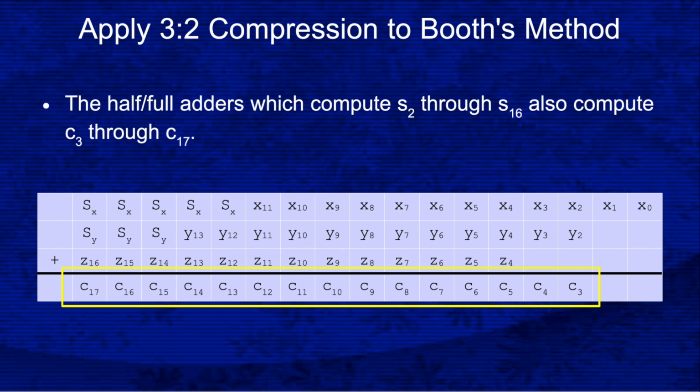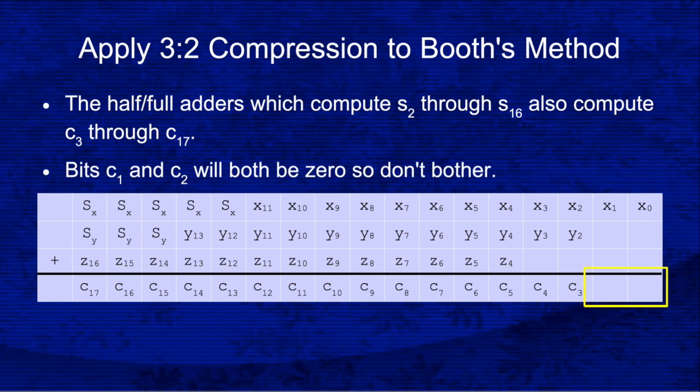Now that I've covered how to compute the sum bits using 3-2 compression, it should be obvious how we compute carry bits C3 through C17, since these bits are generated by the same adders which are used to generate sum bits S2 through S16.